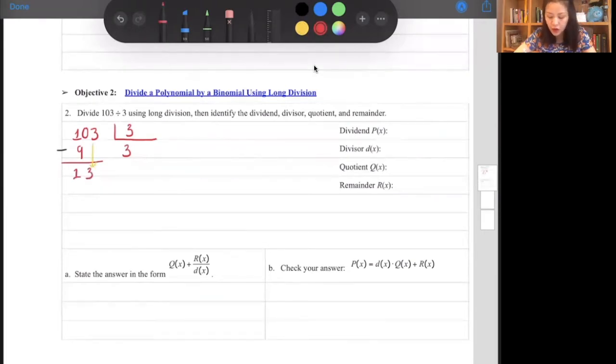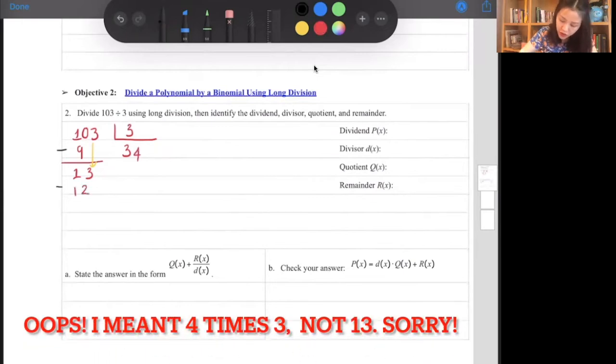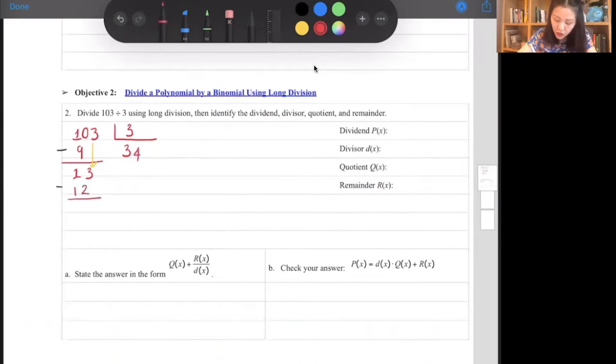Again, 3 times what gives me 13? 4, right? 3 times 4 is 12, and then we subtract. 13 minus 12 is 1, and since 1 is less than 3, there is nothing we can do there. So this one is the remainder.